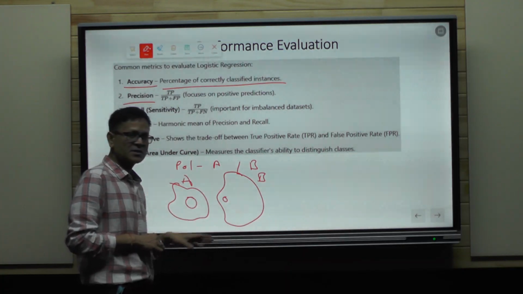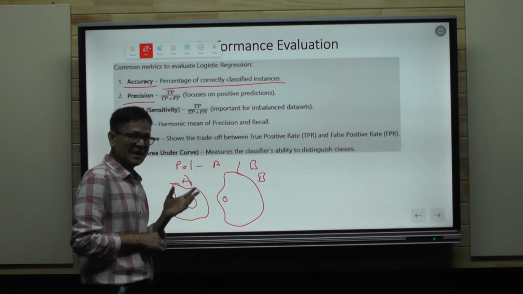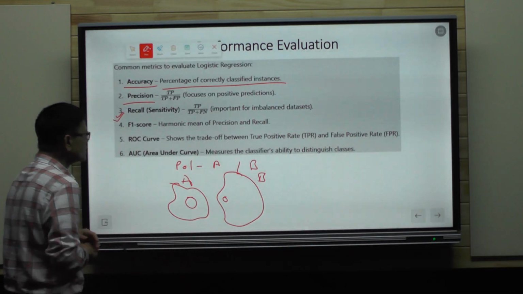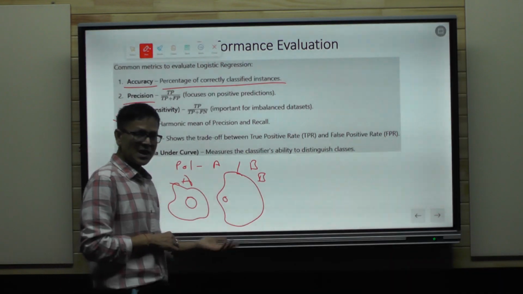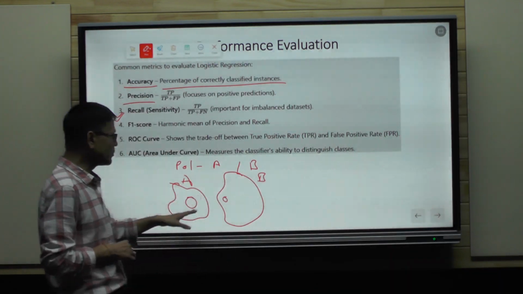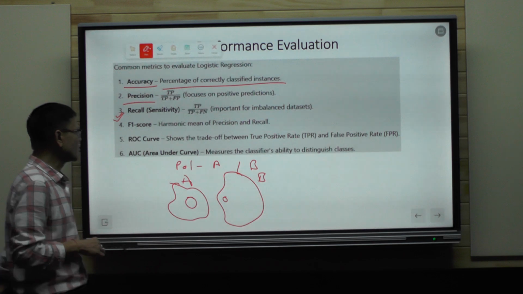But actually it can be different. So this is what we call an imbalanced data set. You are giving more weightage to A than B.